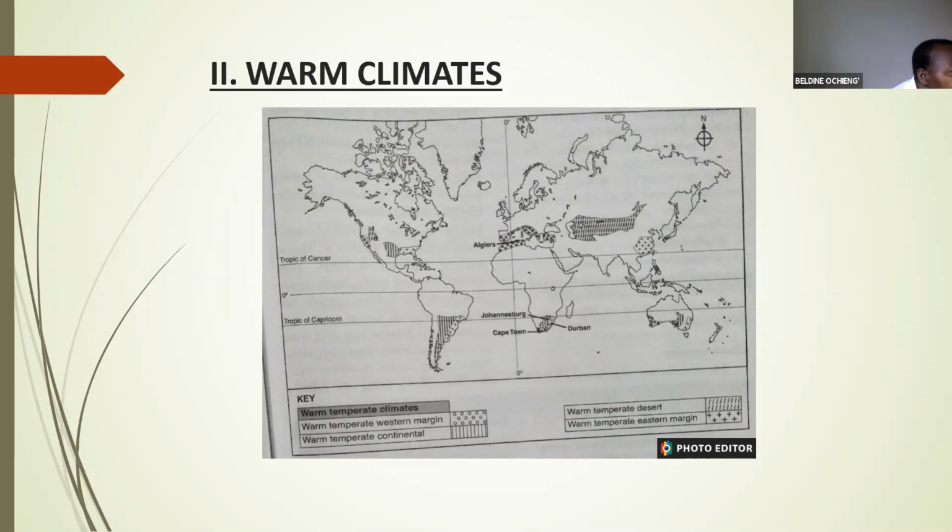It is a real continental one in Asia. Then warm temperate desert climates. Warm temperate desert climate, I can see it in Asia. A large one in Asia.